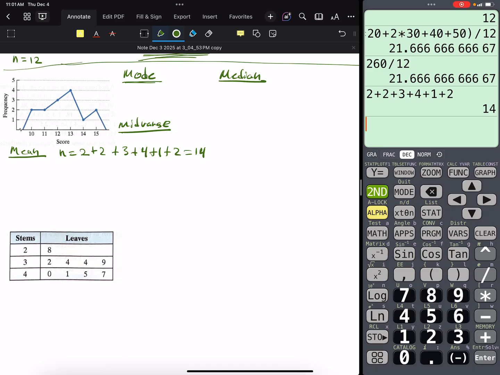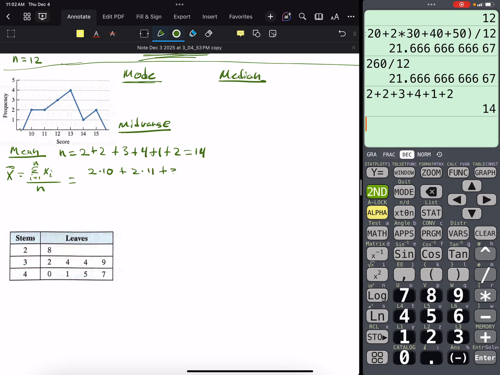Okay, now to find my mean, I remember that x bar is the sum, i equals 1 to n, of all data points x sub i divided by the number of data points n. Okay, well, I have 2 10s, similarly, I have 2 11s.